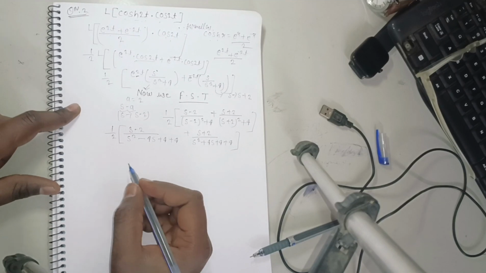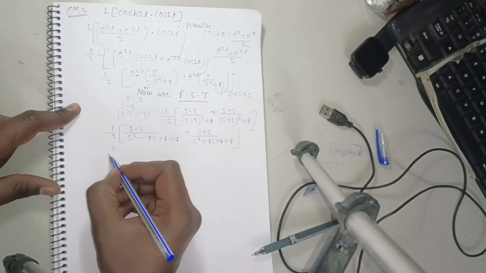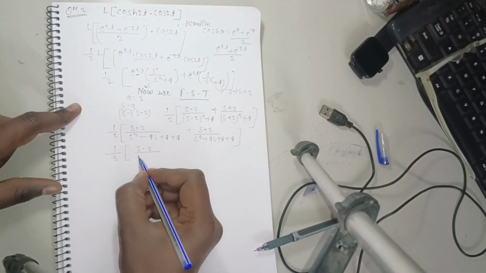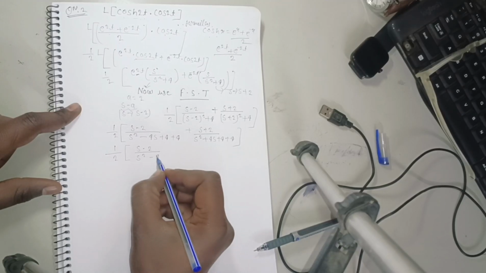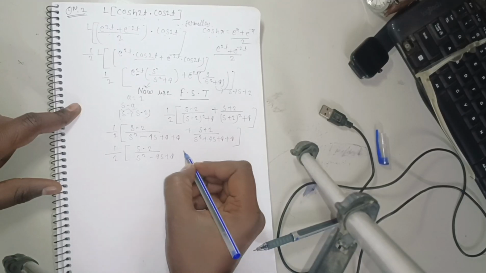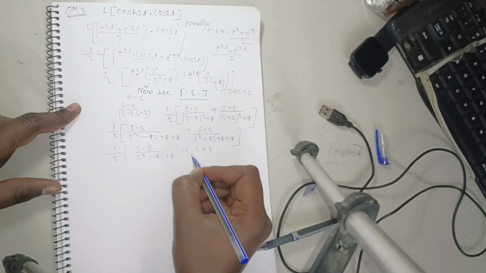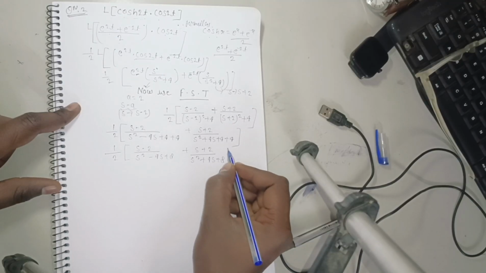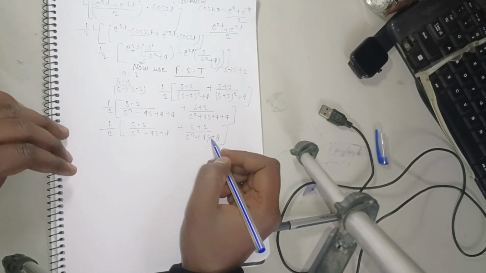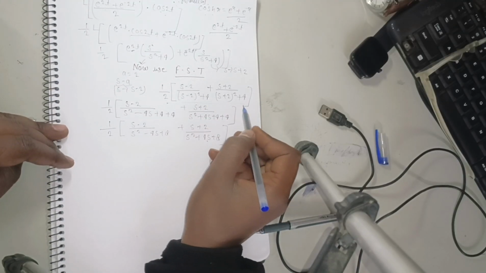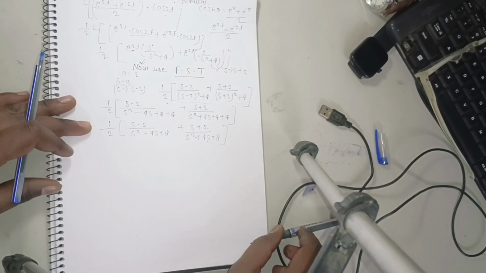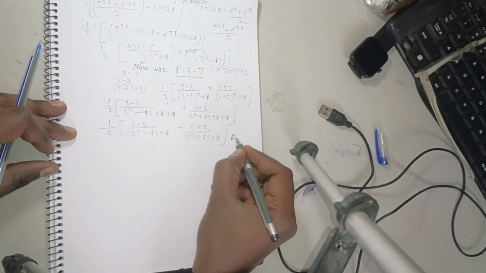Okay, I can also write after solving it 1 upon 2 s minus 2 upon s square minus 4s plus 8 plus s plus 2 upon s square plus 4s plus 8. Although we do not need to solve as much, I can also write till here, then the examiner will give me full marks. So yeah, that's it. This is the final answer.